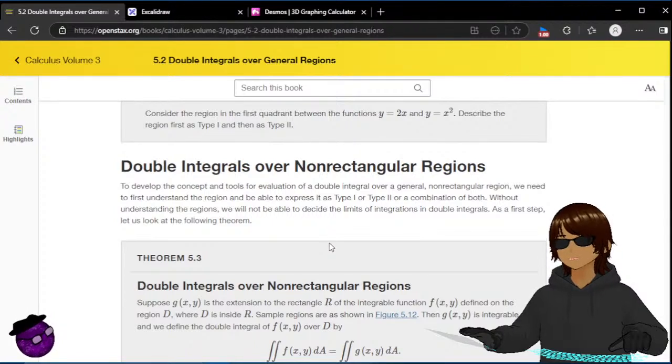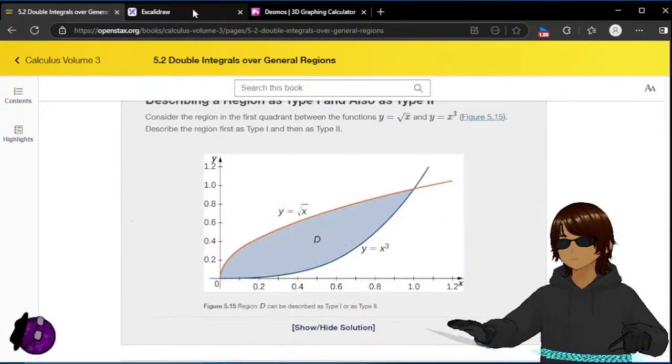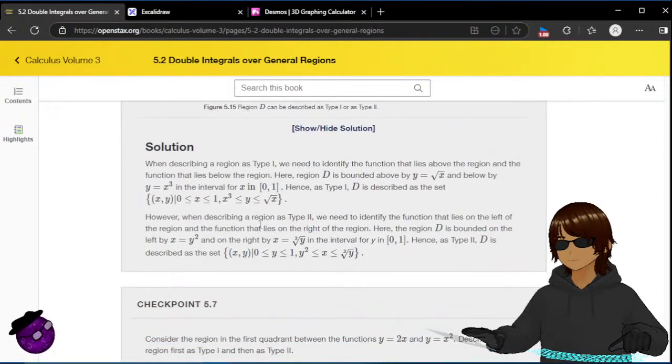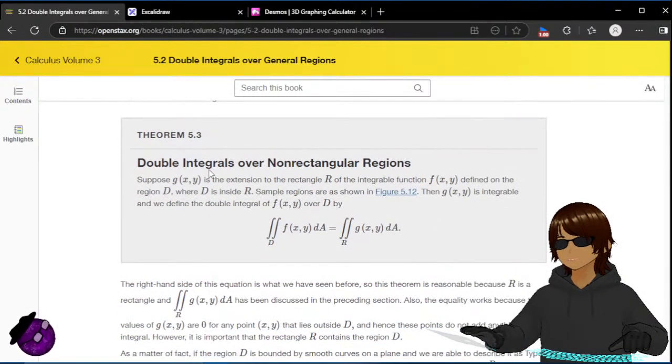Double integrals over non-rectangular regions.